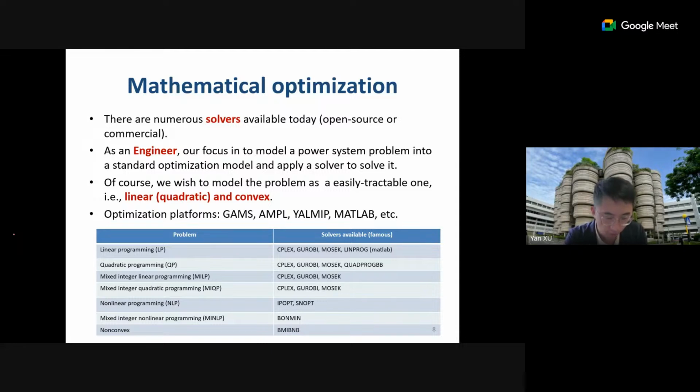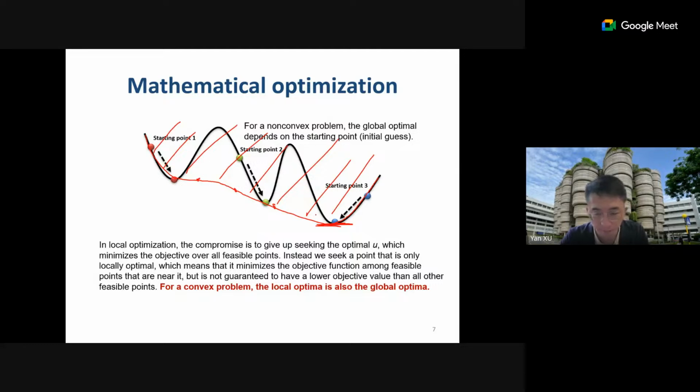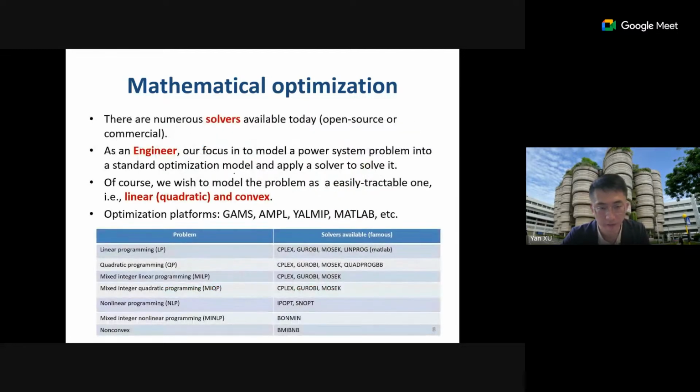However, in order to solve the problem, there are numerous algorithms, for example, the simplex algorithm and other solution algorithms. Now, we don't have time to go through the detailed algorithms because optimization itself is a separate subject which requires a lot of time of teaching.